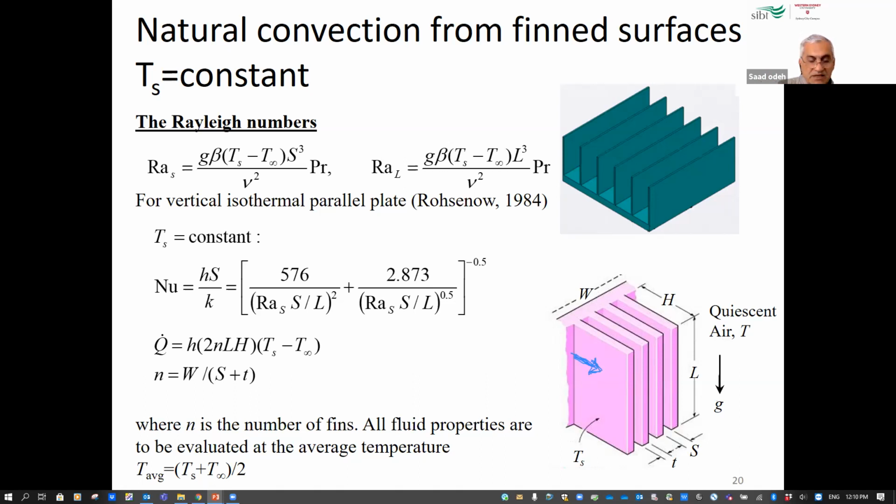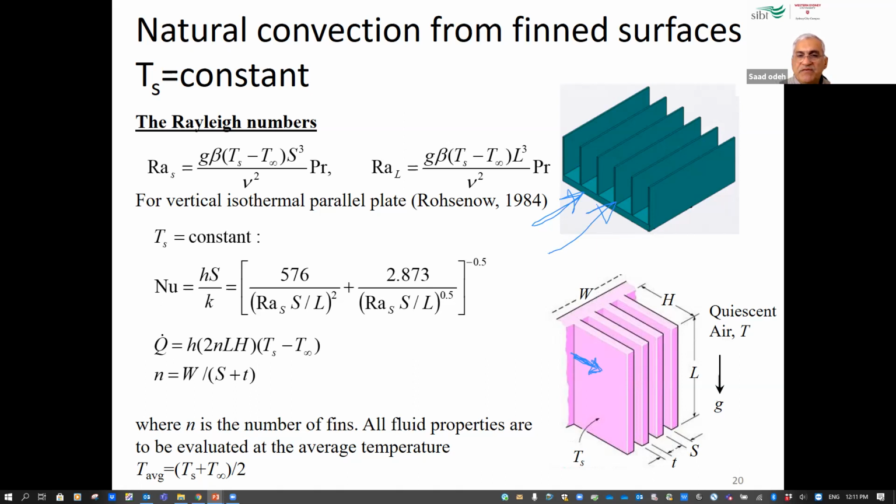Now we study it because most of these fins are used for natural convection. Some of them are used for forced convection. As we mentioned before, in your laptop, there is a fan, and the fan is blowing air over this fin. So this will increase the heat transfer.